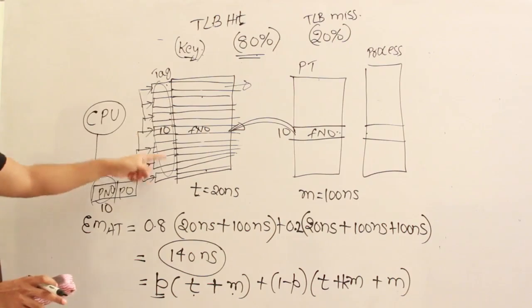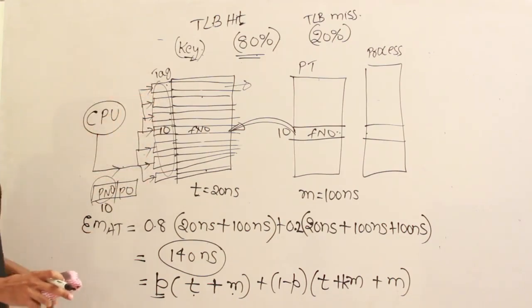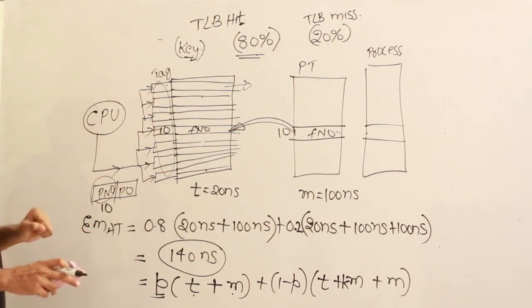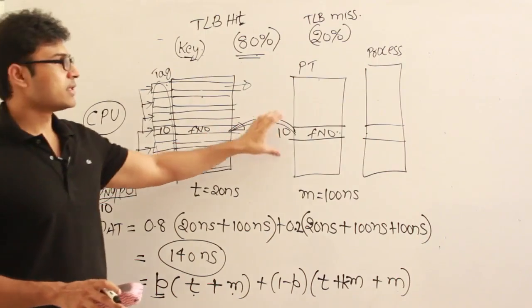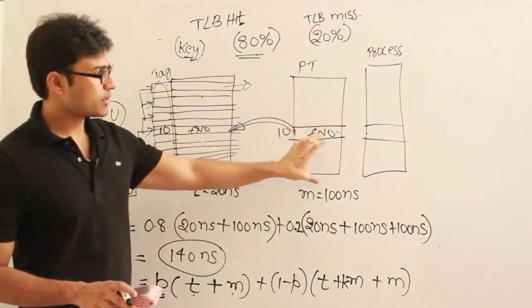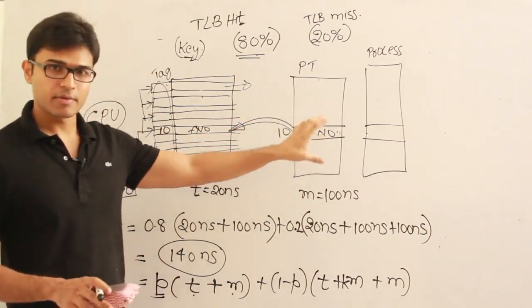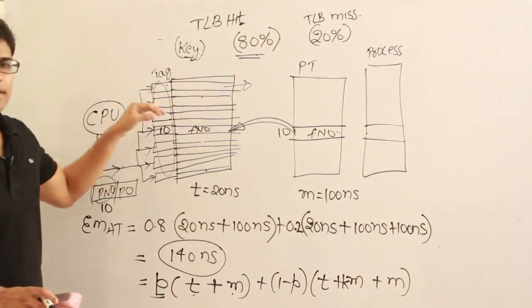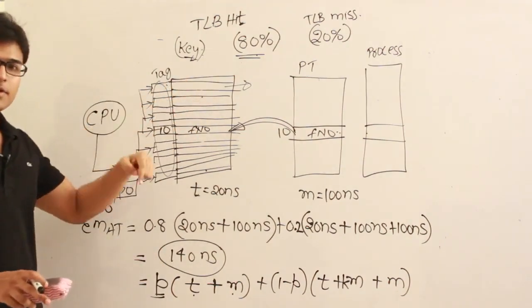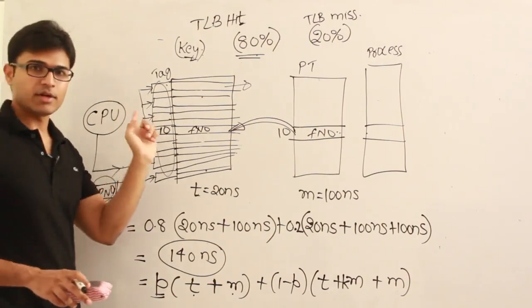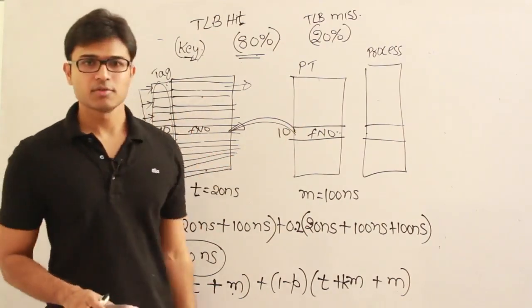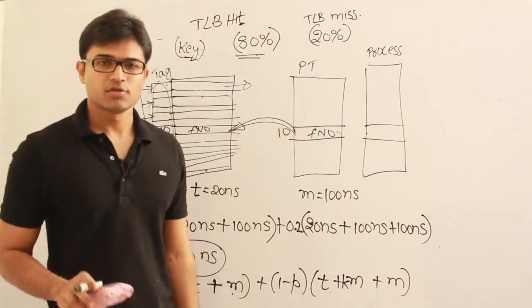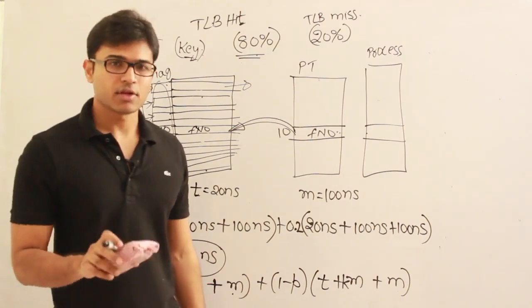So the tags are used to note the page numbers, right? There is one more thing. When there are many processes in the main memory, there will be many page tables in the main memory, right? Then whenever the TLB contains some entry, that entry might belong to the page table of any of the processes, isn't it? So just to avoid confusion, there are two strategies.